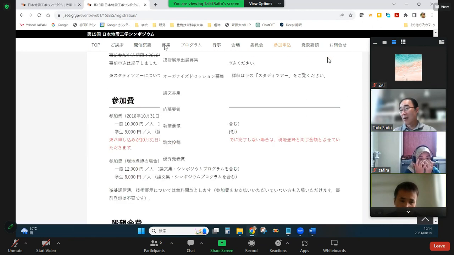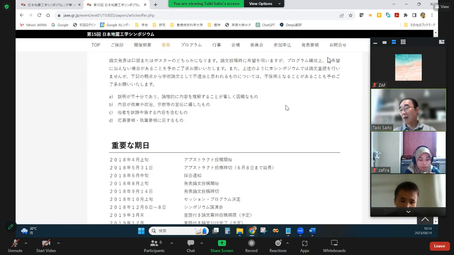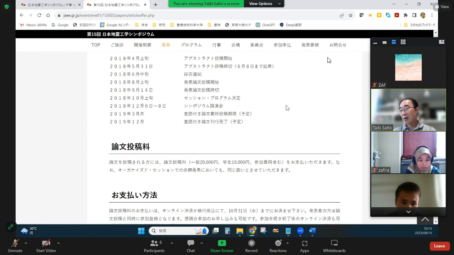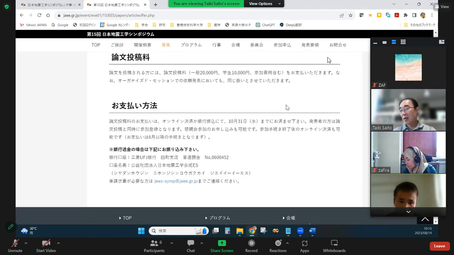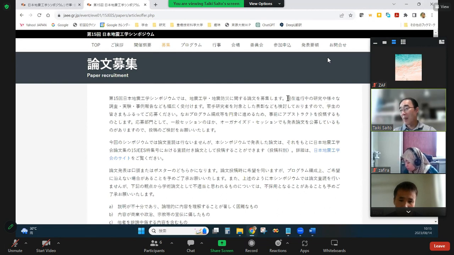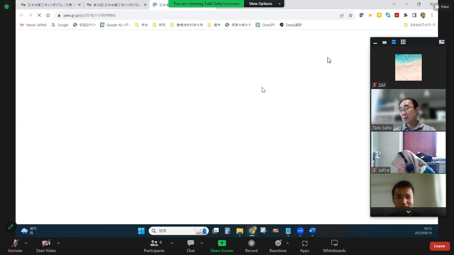Number two, should the cover sheet and paper be combined in one file or separate? Answer: please combine the cover sheet and paper in one file. Oh, really? Okay. So this answer shows that the cover letter is needed.